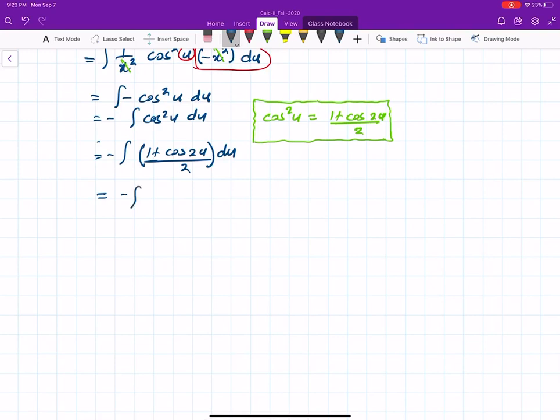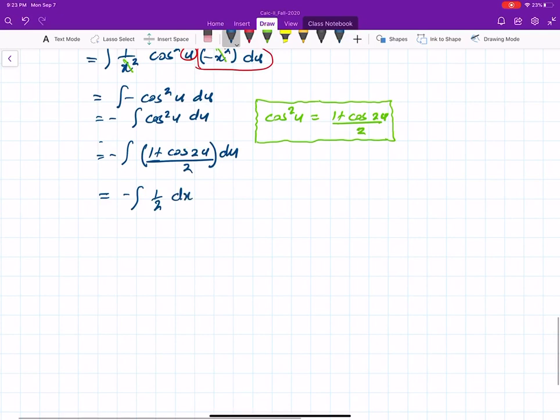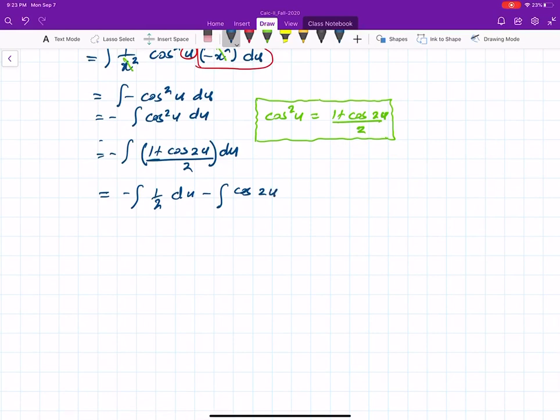You simplify this further. You divide. There are two functions. One function here, another function there. You divide each function by 2. Then you will get half, and then you write du, and then cos 2u. I'm sorry, I made a mistake here. This should be u, and then this should be cos 2u.